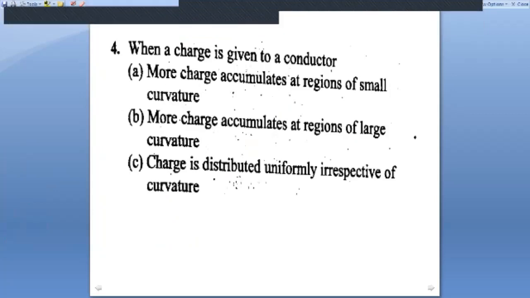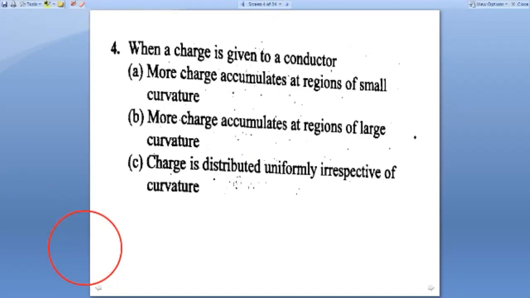Fourth question. When a charge is given to the conductor. Okay, so this is the conductor. When the charge is given to the conductor, this is a regular body.